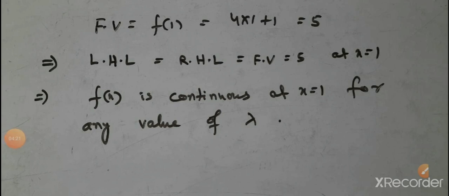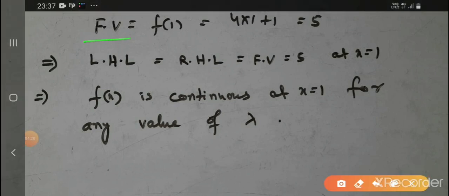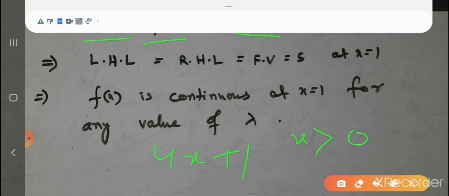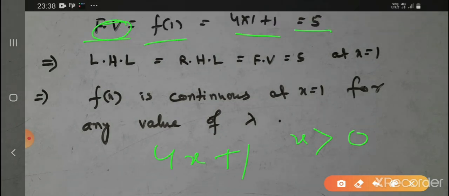The functional value is f of 1. F of 1 is again defined in the condition x greater than 0, that is 4x plus 1. So that is 4 into 1 plus 1, that equals 5. So the function value f of 1 is 5.